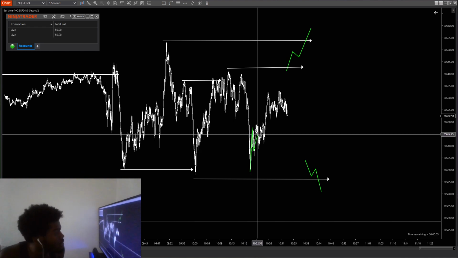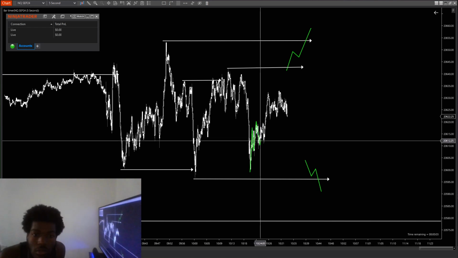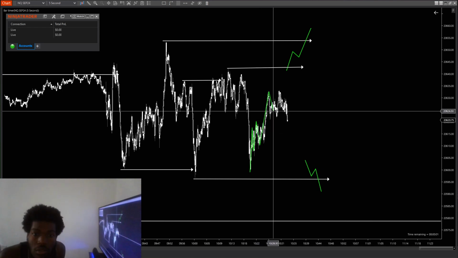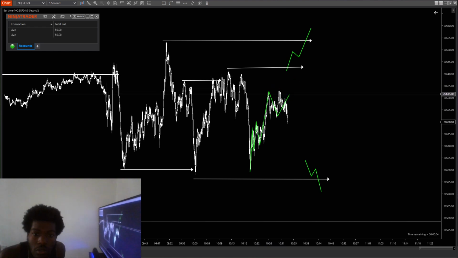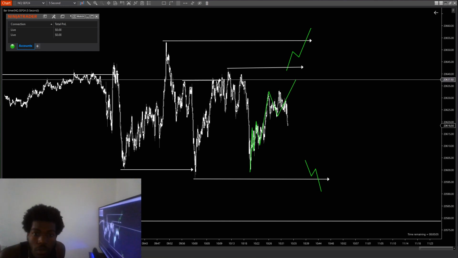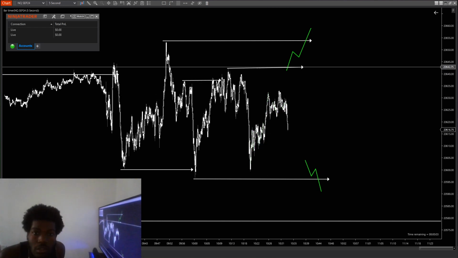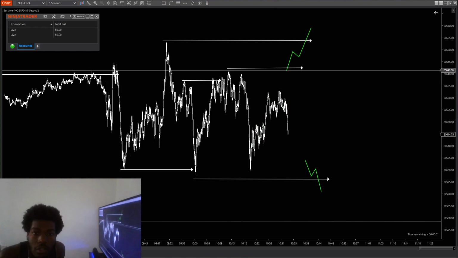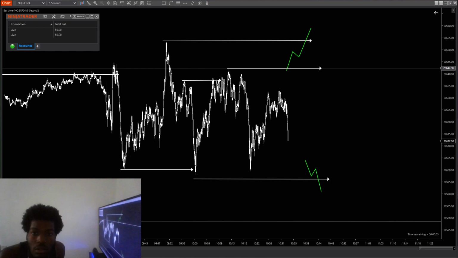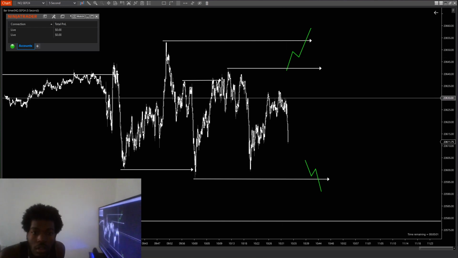Either way, to see three pullbacks after I see a closure above this high, then I'll consider a setup.